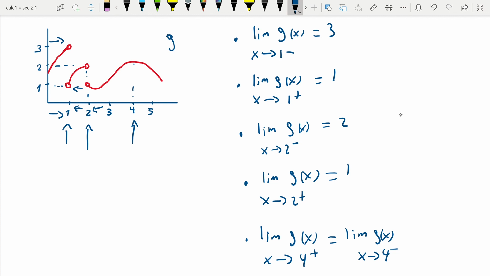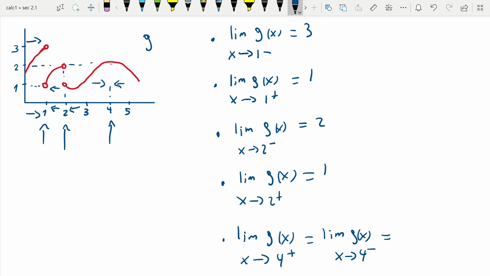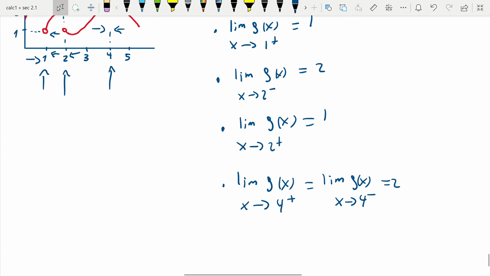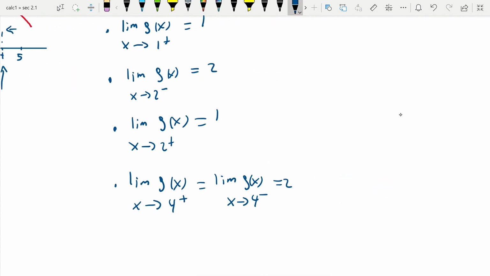So whether you're approaching 4 from the left or from the right, you get the same thing, which is 2. So here this value 2 is also just the limit. Remember, when the one-sided limits are equal to each other, then the limit exists.